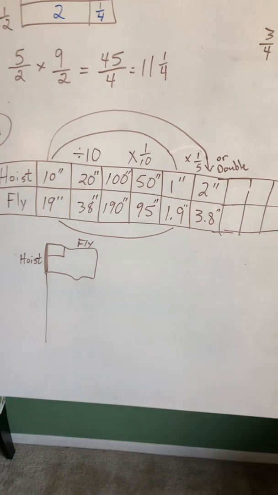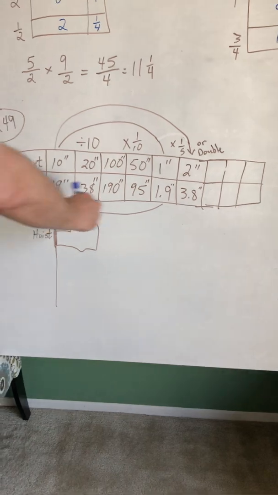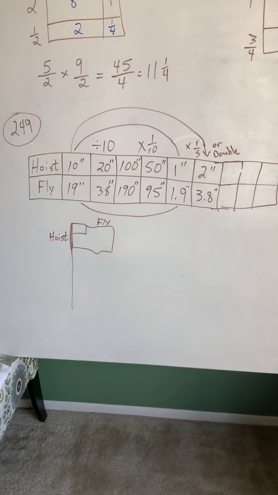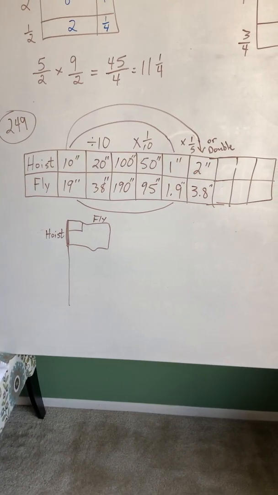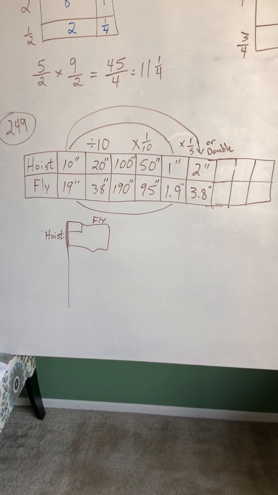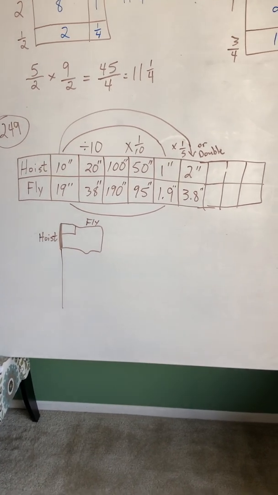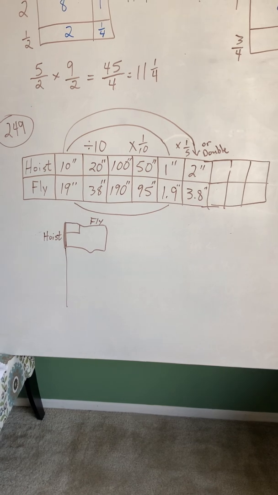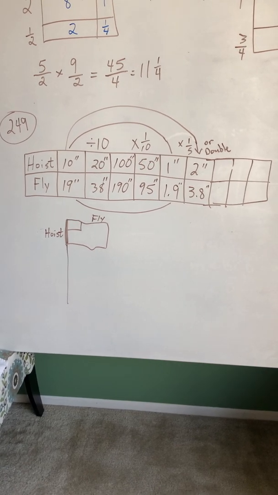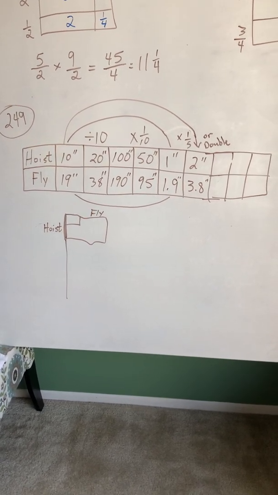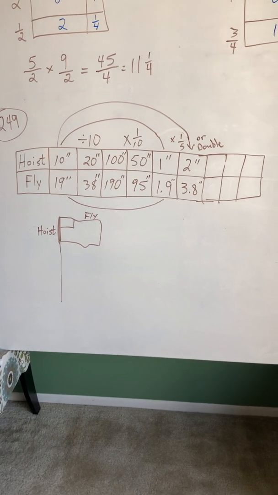It's the ratio, okay? So we have a ratio table here on page 249, and when you first look at it, you're like, man, there's a lot going on there. But if you look at each one, it all fits and it's real doable with simple math, okay?